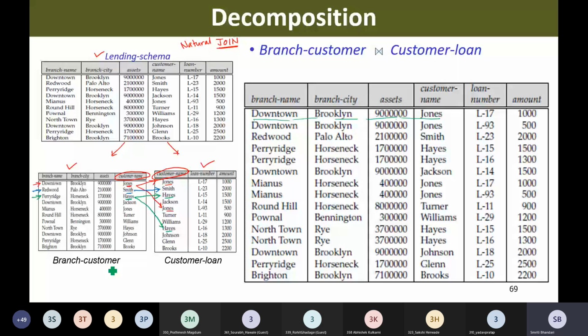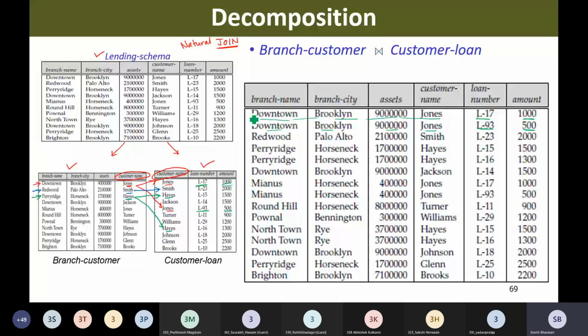These values will remain the same, and the tuple with loan number L93 and the amount 500 is being matched, right? So we now have these two matching tuples for this first tuple in branch customer. So we now have this data, that is the output of our natural join.